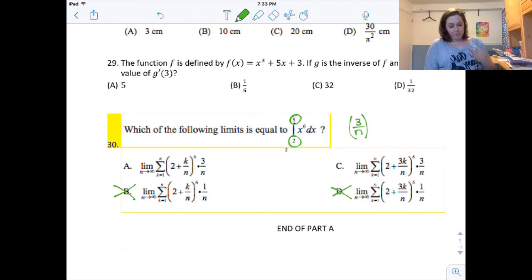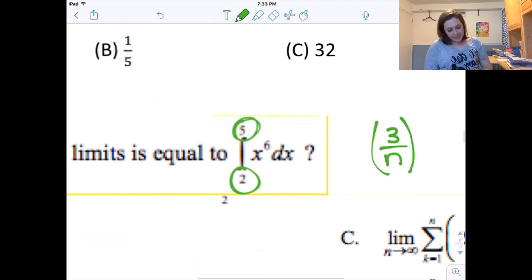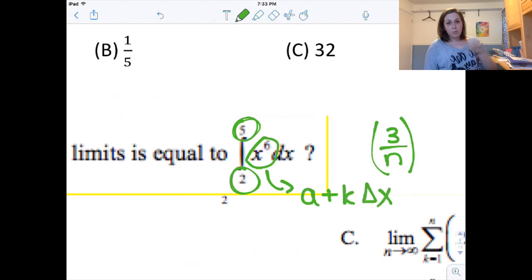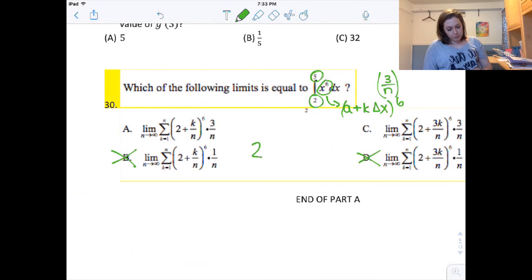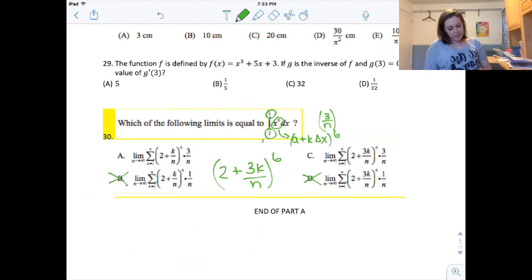So I know my function is x to the 6th. And remember that what we're going to do is take a plus k delta x, and put that into our function for x. So our a value is 2 plus k delta x is 3 times k over n, and I should be raising that to the 6th, so that should be c.